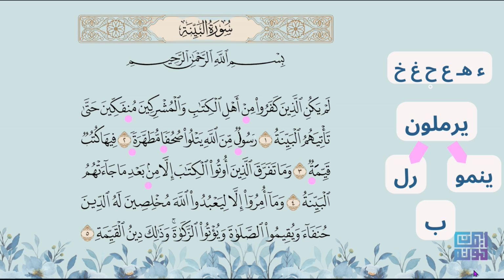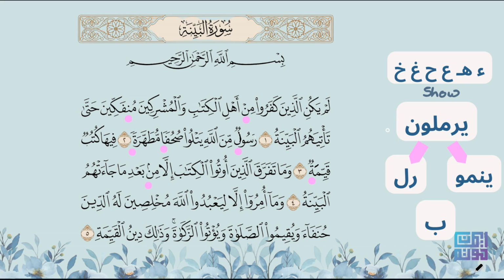These are called throat letters because all these six are pronounced from the throat. So these six letters, when they come after the Noon Sukoon, it's going to be izhar. So I'm gonna show the Noon, meaning that I am going to pronounce the Noon properly.